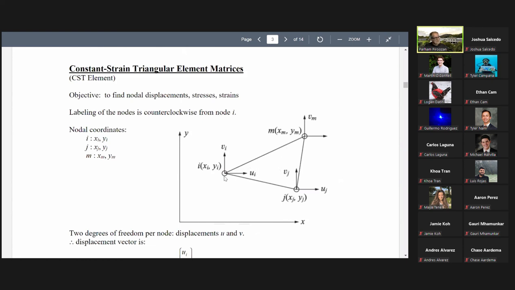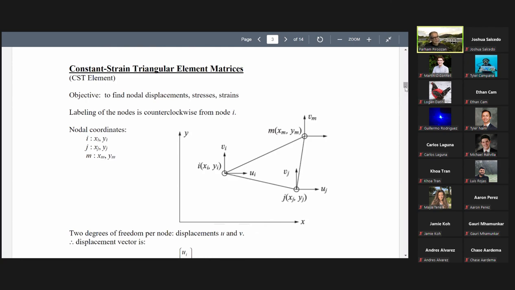But for this 3-node triangular element, stress and strain become constant over the element. This one is sometimes called the linear triangular element, or 3-node triangular element. But for the other one, the 6-node triangular element, it is not, and it requires much more computation.